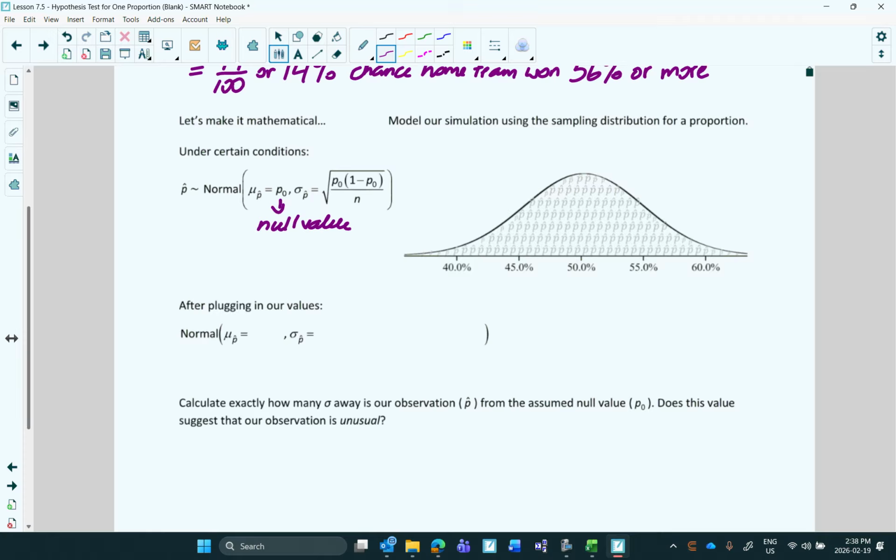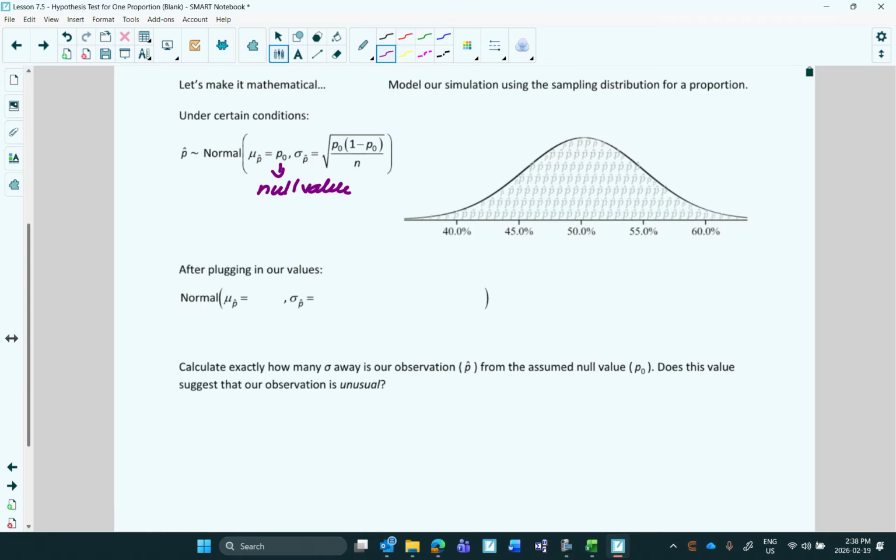So in our example, we have 0.5, and then using the formula, the square root of 0.5 times 1 minus 0.5 divided by the sample size, which was 88. When we do this, we get approximately 0.053.